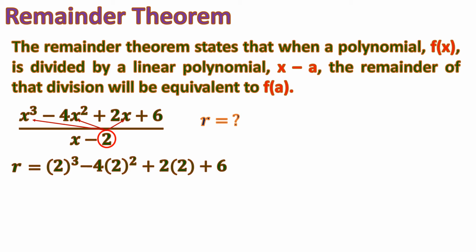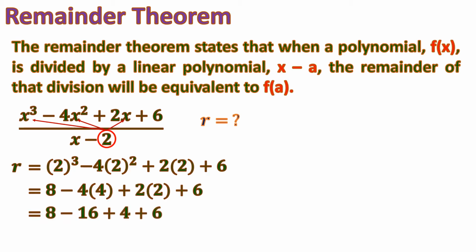So it will be now 2 cubed minus 4 times 2 squared plus 2 times 2 plus 6. So all the x's are changed into 2. And then 2 cubed is 8, 2 squared is 4, and then let us simplify further. So 4 times 4 is 16, and 2 times 2 is 4, and copy 8 and 6.